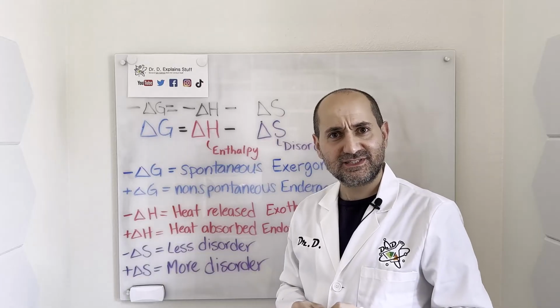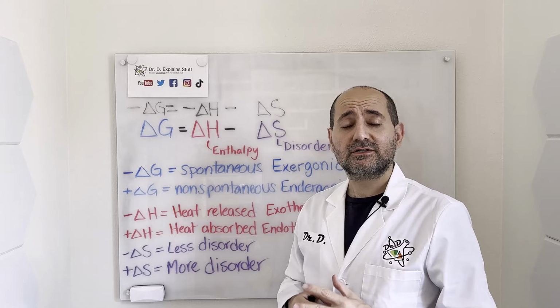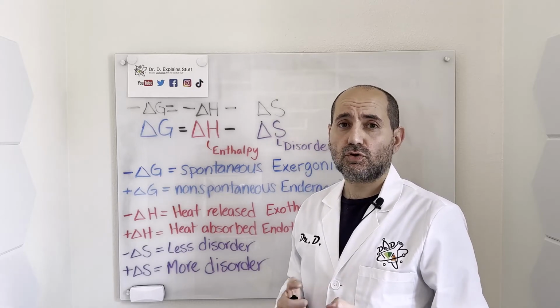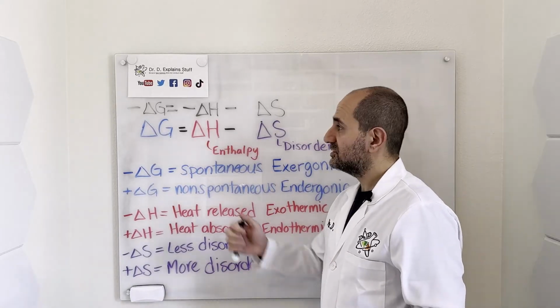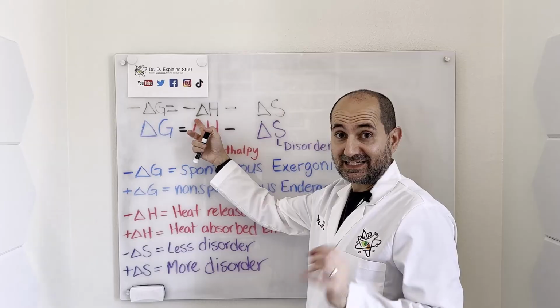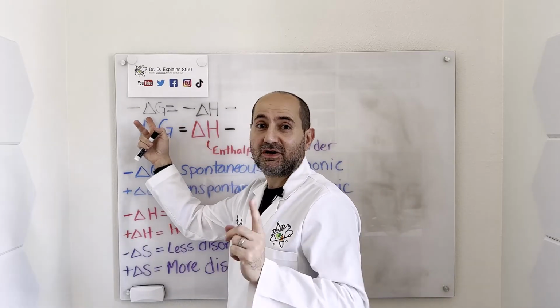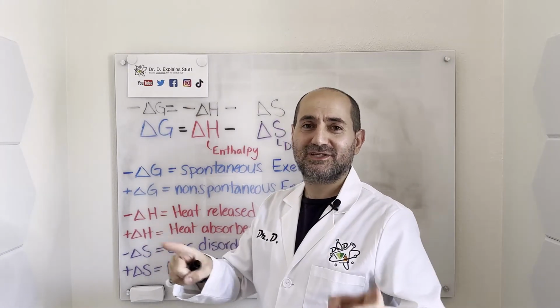Isn't that interesting? So you know what Gibbs would say? Gibbs brought us something so important and so interesting. Gibbs told us that it's pretty much impossible to have a reaction that gets hot and bubbles over and is not spontaneous. It will always be spontaneous, right?